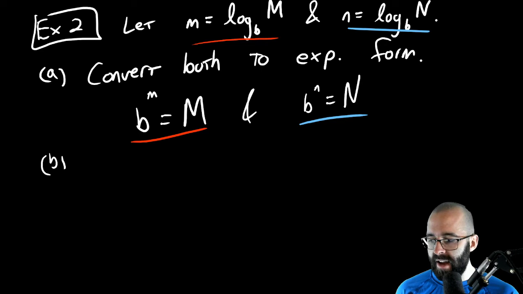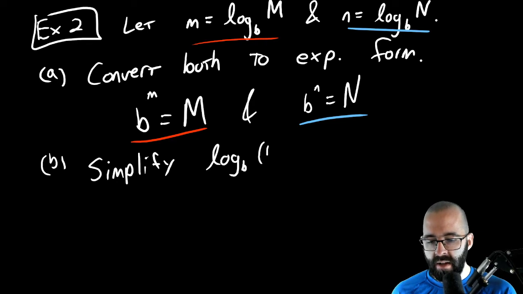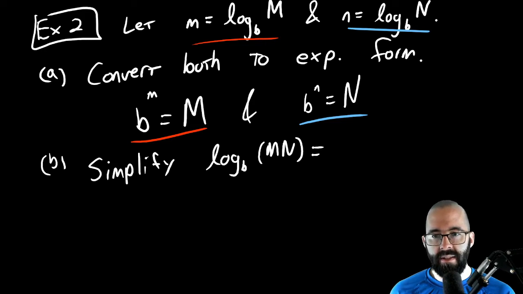Well, let's use that now to do part B. Simplify log base b of m times n. Well, how do we do this? Let's convert this to exponential form.